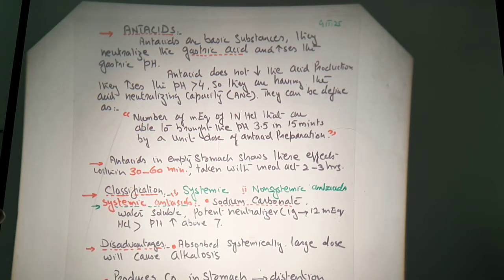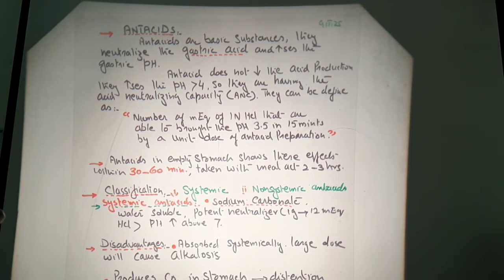What do you mean by ANC? It is the acid neutralizing capacity of any compound which causes an increase in the pH of the stomach. So how can we define the antacid? The antacid can be defined as the number of milliequivalents of 1N HCl that are able to raise the pH to 3.5 in 15 minutes by a unit dose of antacid preparation.